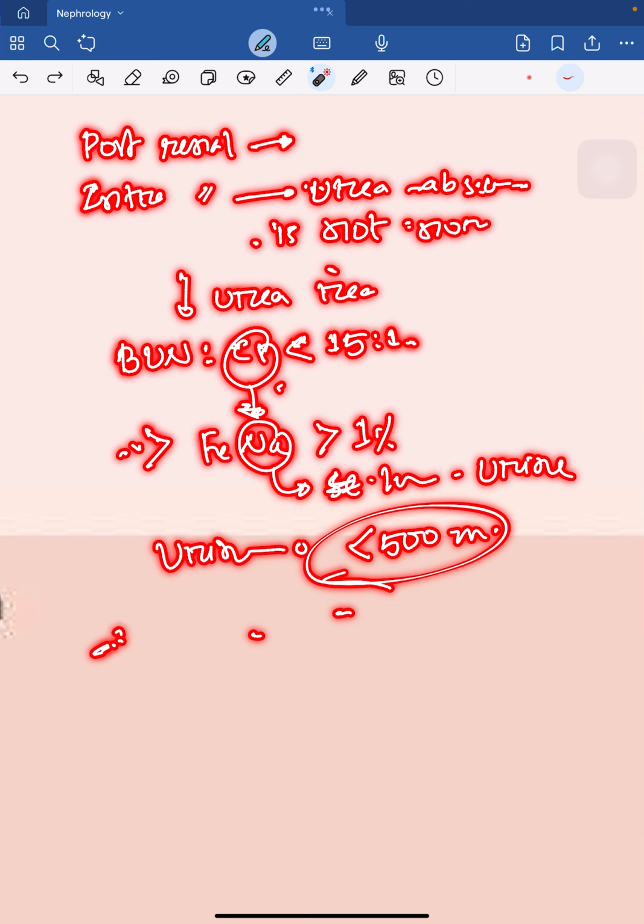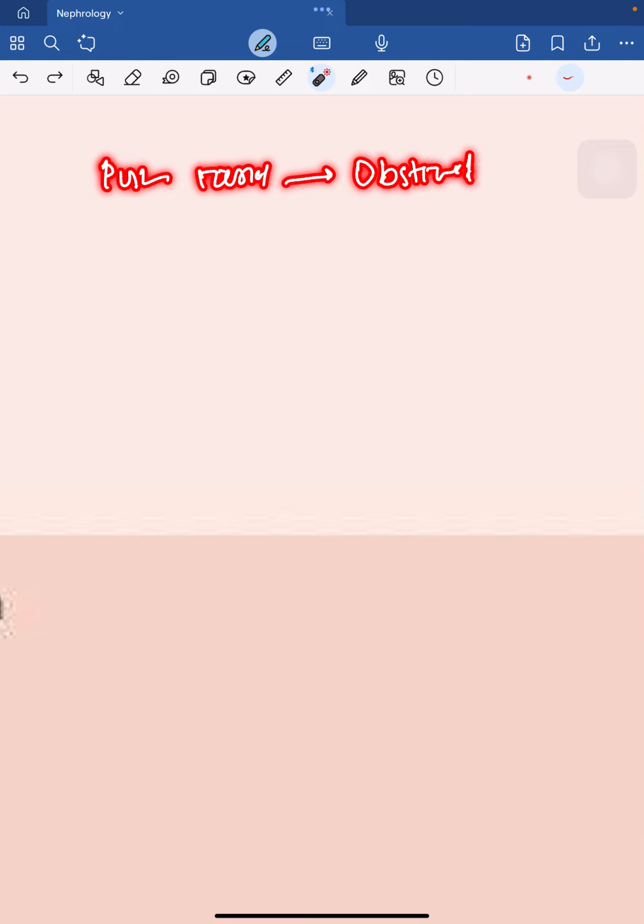So in post-renal azotemia, if I discuss post-renal, there is something obstructing, like a stone or other thing.